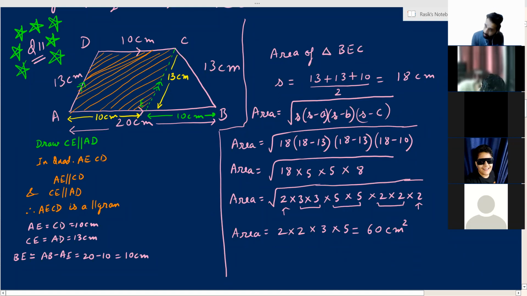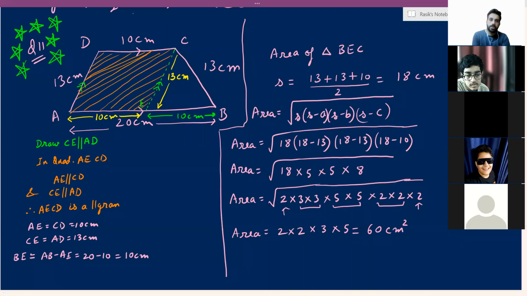Now why have we found the area of this triangle? Is there any use of the area of this triangle? Can anyone guess what is the use of finding the area of this triangle? Yes, the height. With the help of the area of this triangle, we can find the height of the trapezium. Do you know how?